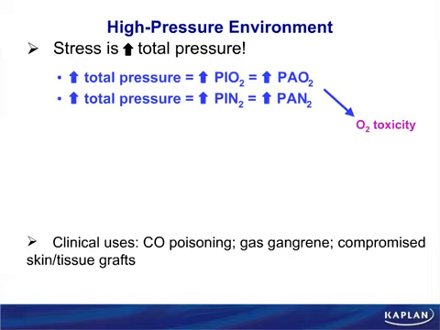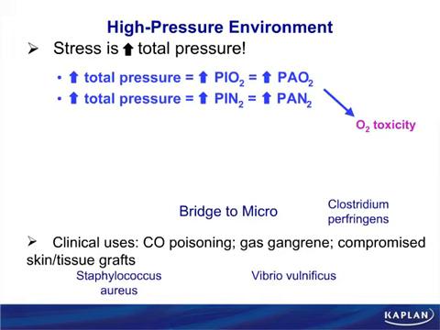We do have clinical uses for this, though, and that's part of the reason that we're going to bring this in for Step 1. It's not just about the physiology of stress in the system. We also have this for clinical use. This is utilized for carbon monoxide poisoning, gas gangrene, and compromised tissue grafts. Let's do a little bridge to some bugs. Microbiology. Hopefully you remember Clostridium perfringens. Yeah, that's an anaerobe, and so we utilize hyperbaric conditions because of this bug.